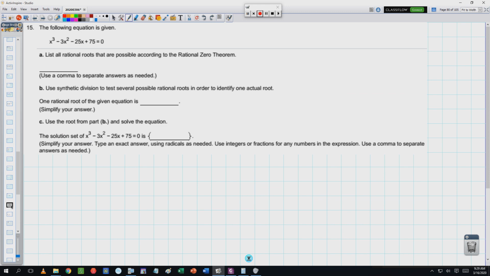The following equation is given. List all rational solutions. So we'll take factors of the 75 and we'll divide it by factors of the lead, which is a 1.